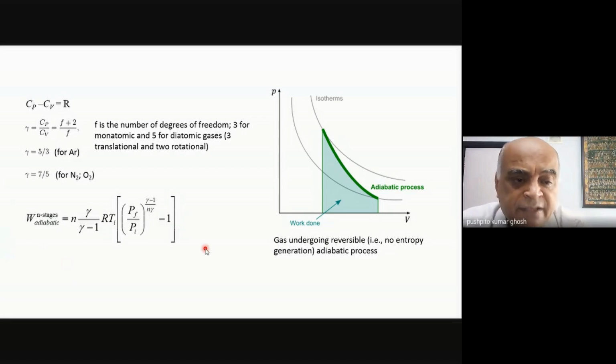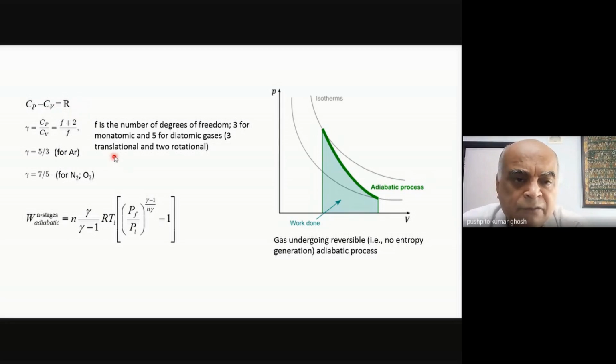Now, this is lower. The more number of stages I use for doing the compression, the less work I need to do. Of course, there is also an element of practicality, that how many stages can I possibly use. And what is gamma? Gamma is just the Cp by Cv, and R is Cp minus Cv.